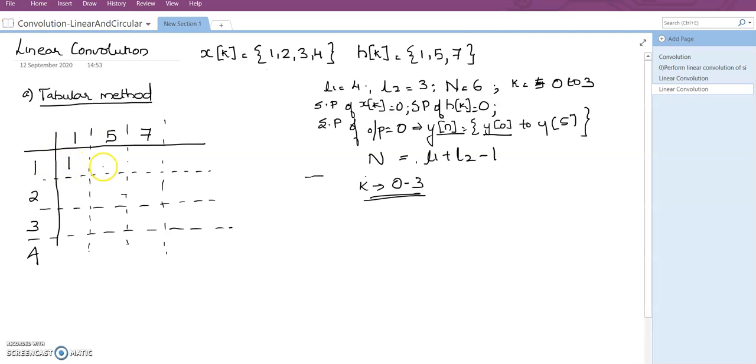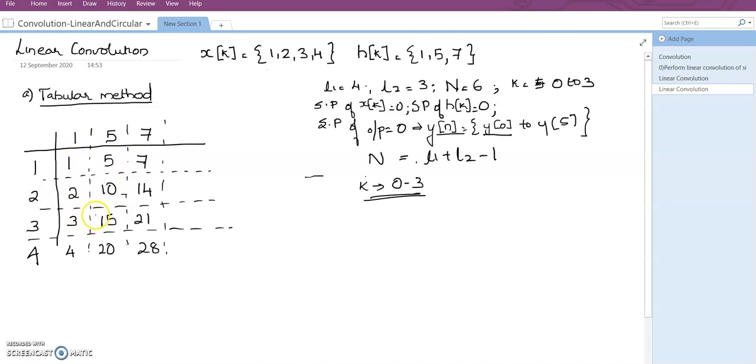Okay, fine. So what we do is we cross multiply the elements. We have 1 over here, we have 5, we have 7, then we have 2, 10, and 14, then we have 3, 15, and 21, and then we have 4, 20, and 28. So 1 into 1 is 1, 1 into 5 is 5, like that. 2 into 1 is 2, 2 into 5 is 10.